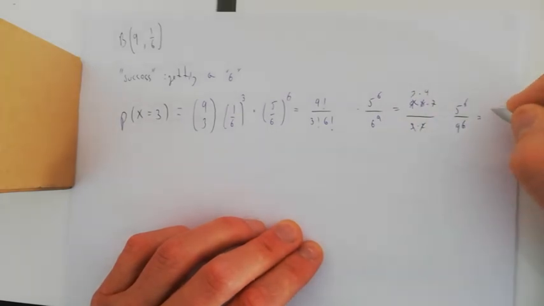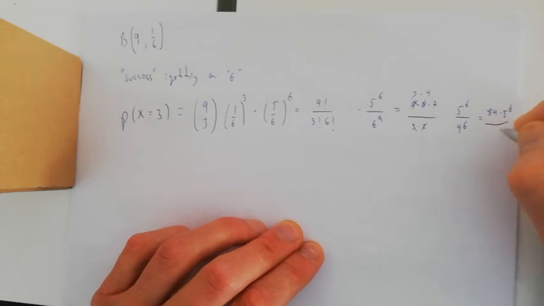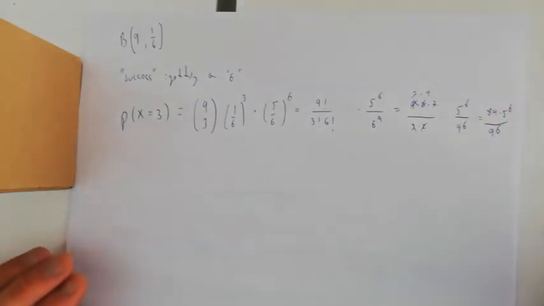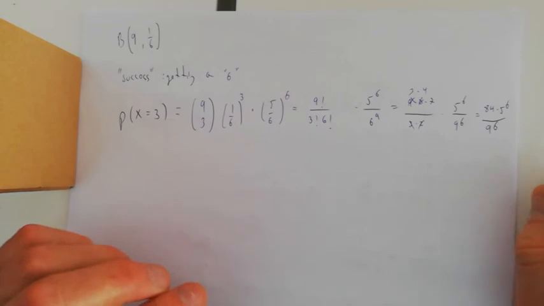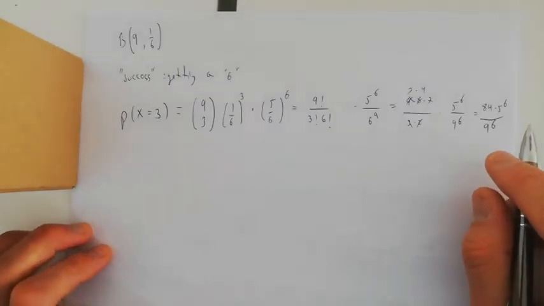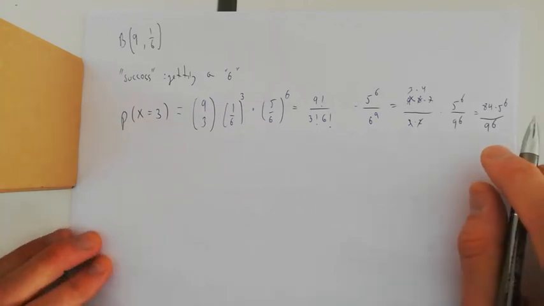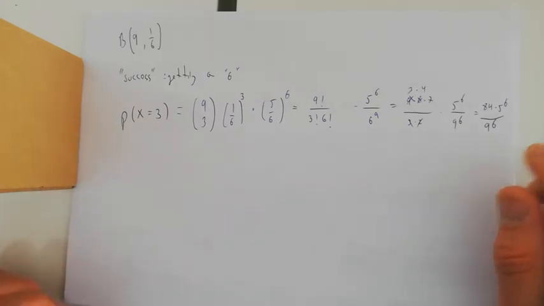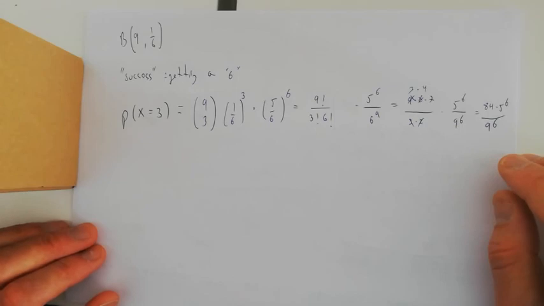So we get 84 times 5 to the 6 over 6 to the 9. You can use a calculator to obtain these numbers, but that's how you find the probability of getting 3 sixes when you throw a die 9 times.